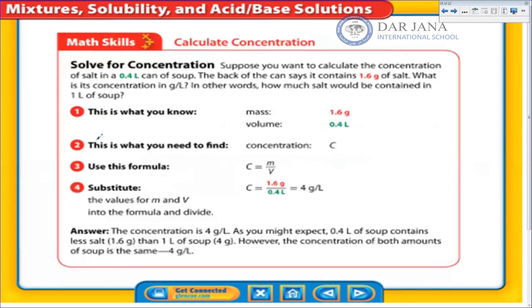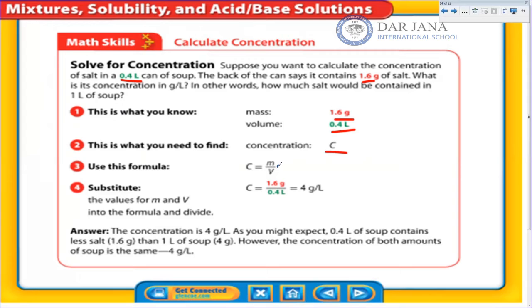Let's take an example. For example, here we have 0.4 liters of soup. This is the volume of the solution, while we have here 1.6 grams of salt, and this is the mass of the solute inside this solution. So we have mass 1.6 grams and volume 0.4 liters. So to calculate the concentration, we use this method.